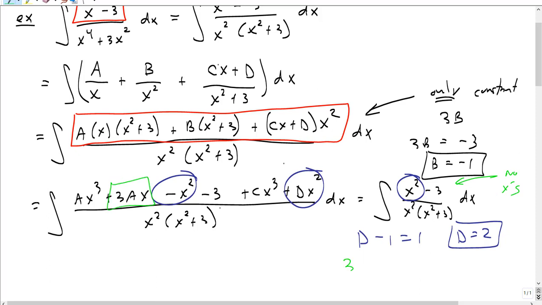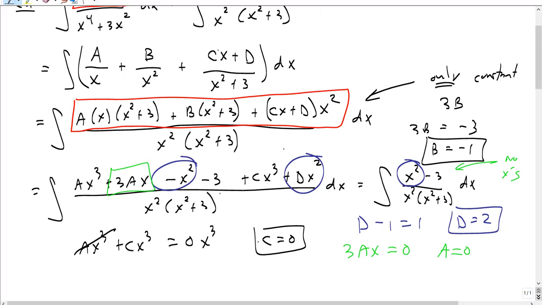So 3ax has to equal 0, so a equals 0. And the x cubes have to be the same. On the left we have ax cubed plus cx cubed equals no x cubed, but a is 0, so that tells me that c has to equal 0 also. So then we put this all together.